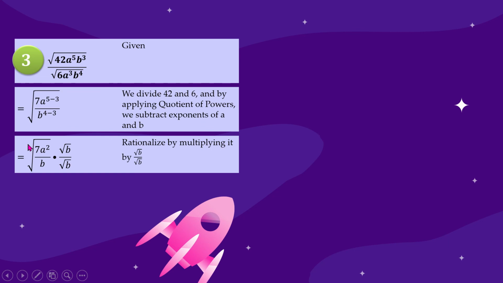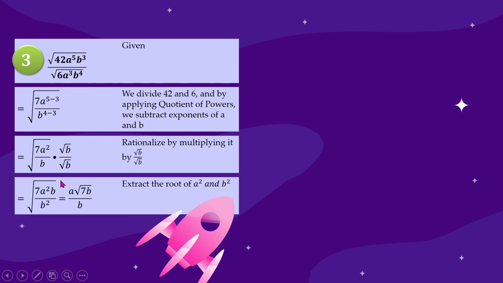Atong index is imaginary 2. So, therefore, the square root of 7a square times square root of b is the square root of 7a square b. Then, b times b is b square. Okay? So, what's next?